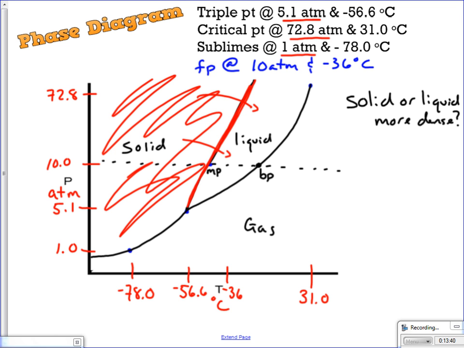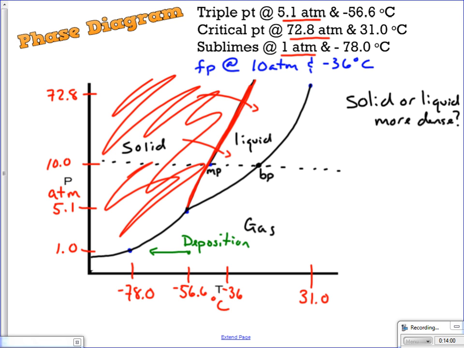I could ask, when I'm at 1 ATM and negative 56 degrees, if I continue to lose energy, what process is occurring? Well, in this case, it's deposition.